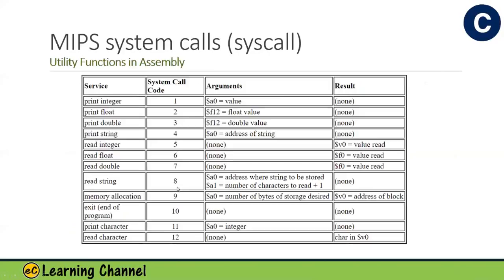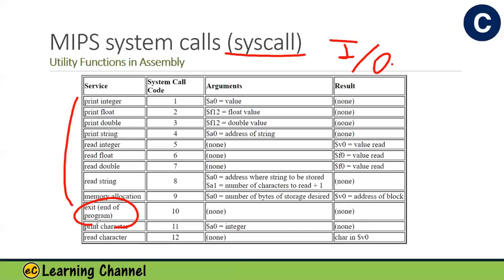You have functions 1, 2, 3, 4, 5. Basically it's print and read. So in your Java, you had System.out.print, System.out.printf, and System.in with the Scanner. It actually uses the system call. And actually they are I/O functions basically.